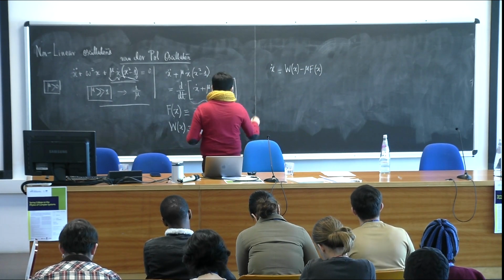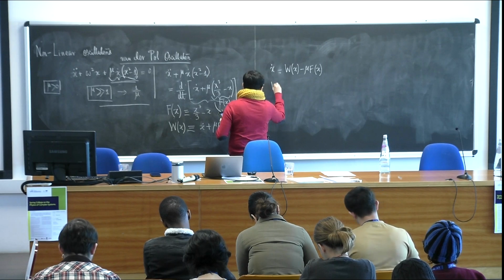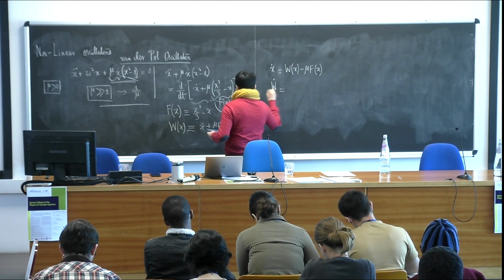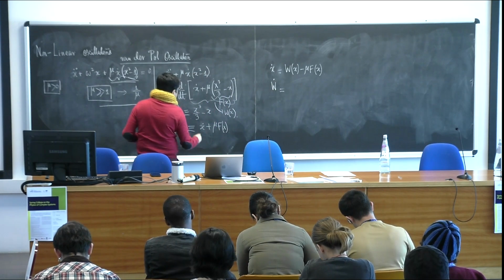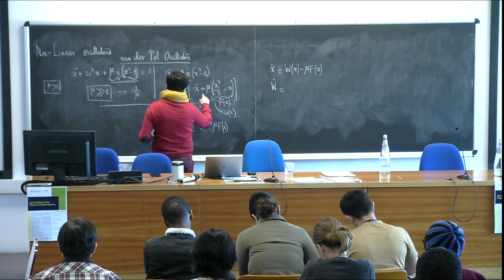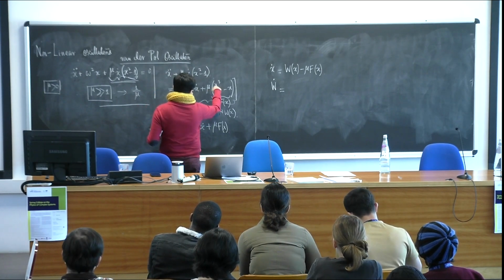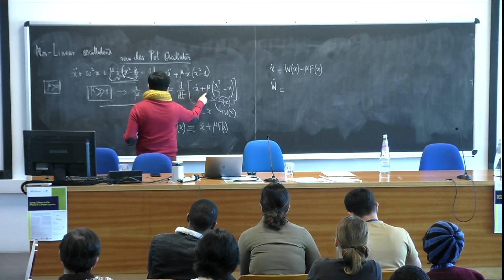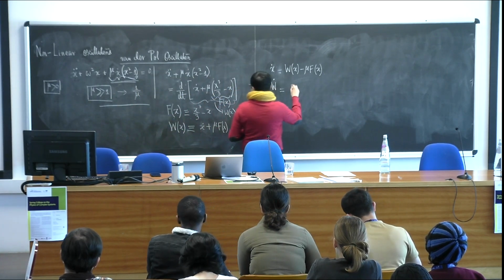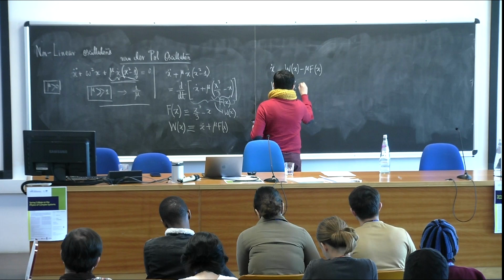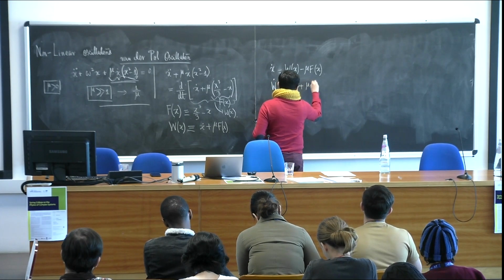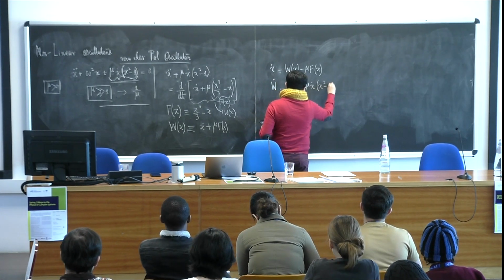But what about w dot of x? W dot. So what is w dot? W dot is this guy, you take the time derivative, you get x double dot plus mu x dot times x square minus 1.